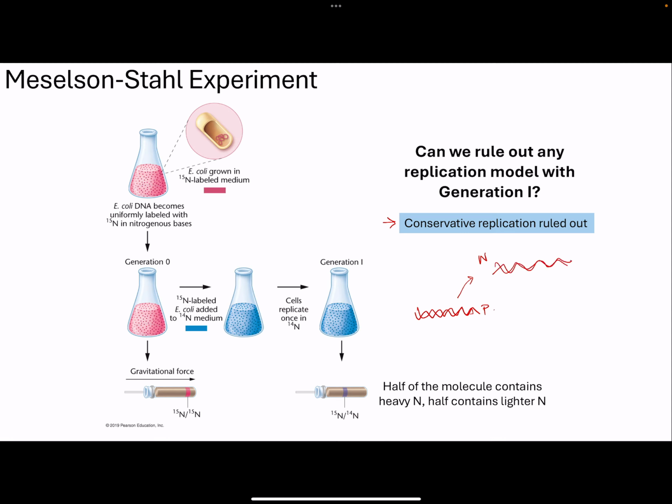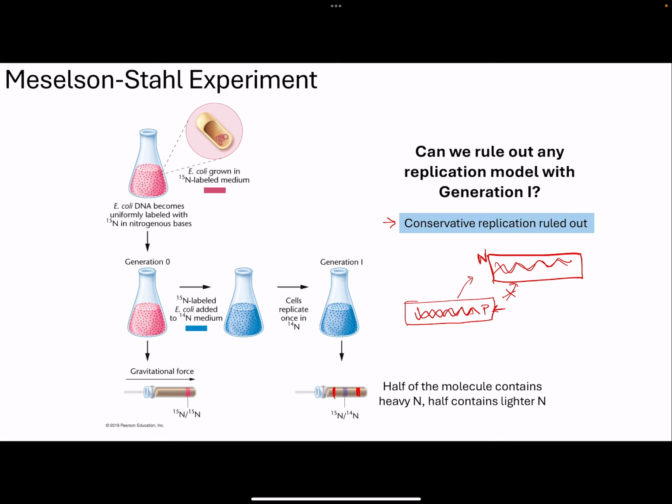So none of the molecule that comprises the parent chromosome is going to be incorporated into the new DNA molecule. If this was the case, if we did have the parent DNA molecule that stayed separate from the new DNA molecule, we would expect to have two bands in this outcome.